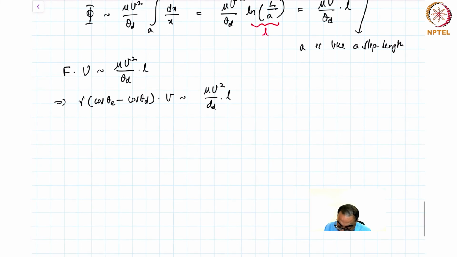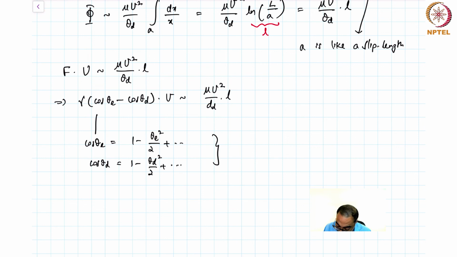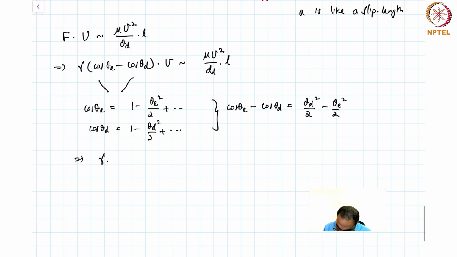If theta d and theta e are small, then cosine of theta e can be simply taken to be 1 minus theta e square by 2 factorial, and cosine of theta d is nothing but 1 minus theta d square by 2 factorial, and this immediately gives me cosine of theta e minus cosine of theta d becomes theta d square by 2 minus theta e square by 2 at leading order, basically.